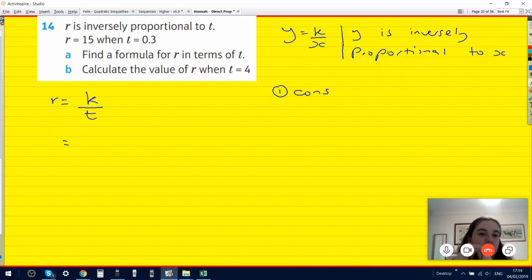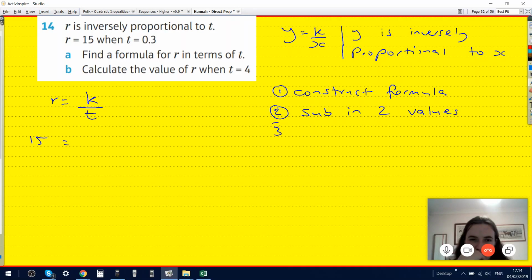15 equals... And we were trying to find k.